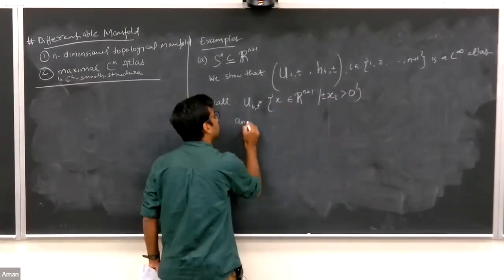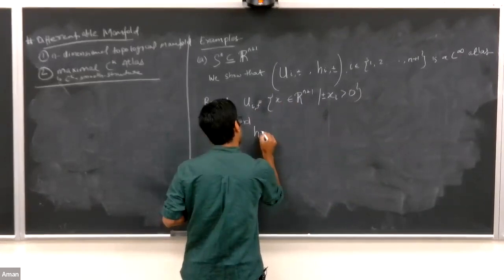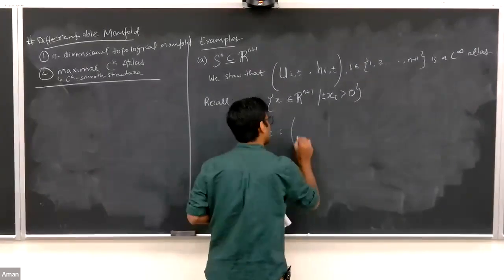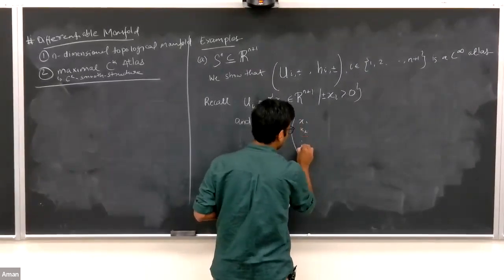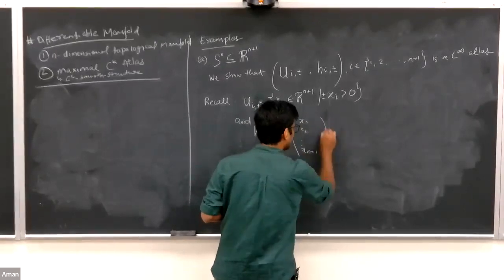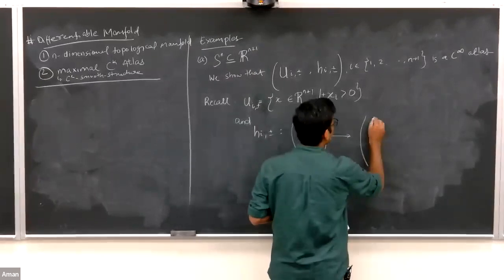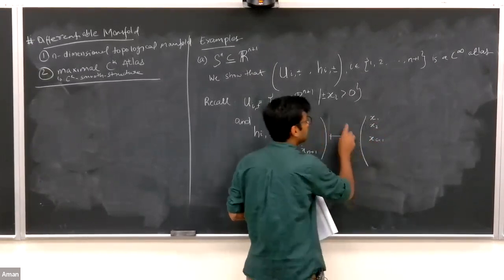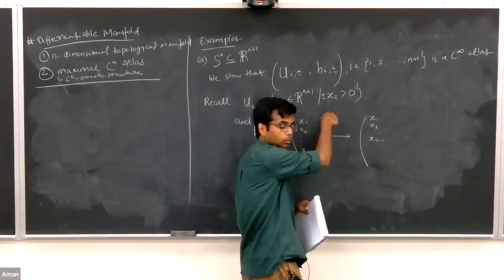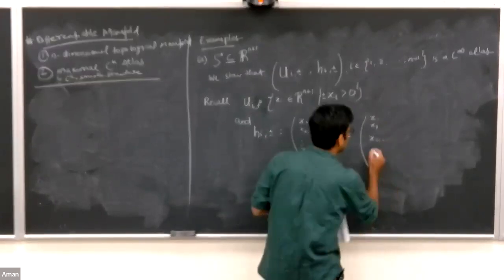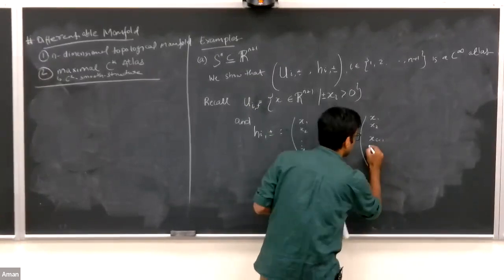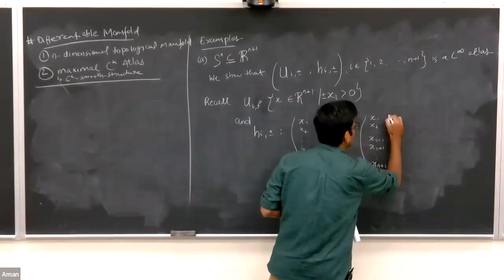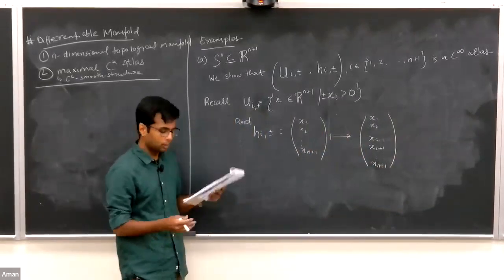Right, and the corresponding map h_i plus/minus goes from (x1, x2, ..., x_{n+1}) to (x1, x2, up to x_{i-1}), and then we skip the ith coordinate because we're projecting it to a space which has one less dimension, then x_{i+1} up to x_{n+1}. This is the general form of what we wrote for a two-dimensional sphere.